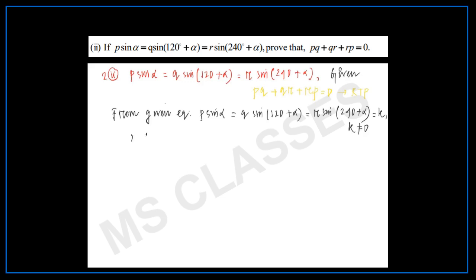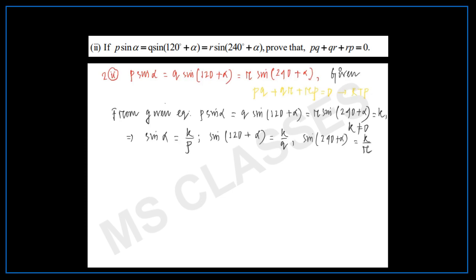From this, what we can write: sin alpha equals K by P, sin (120 plus alpha) equals K by Q, sin (240 plus alpha) equals K by R.